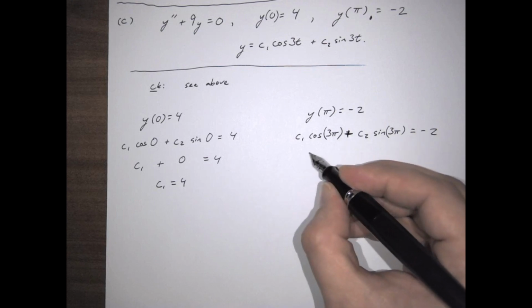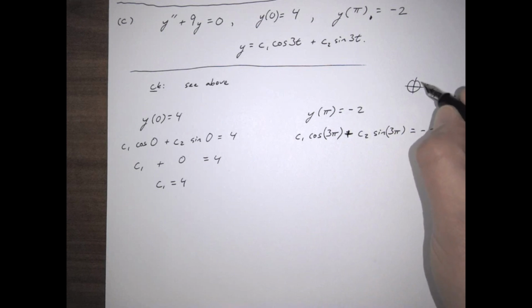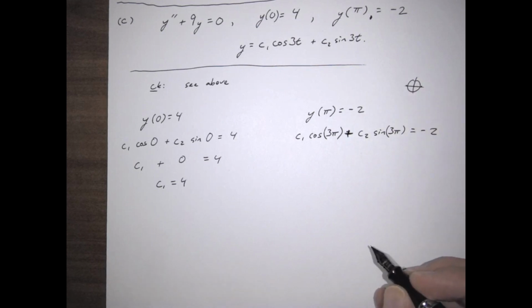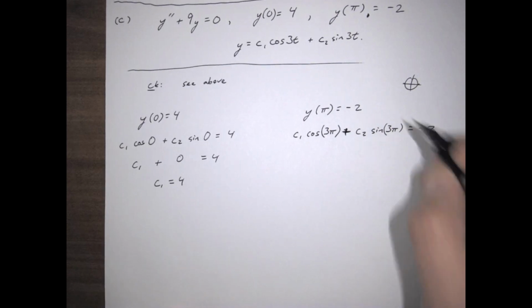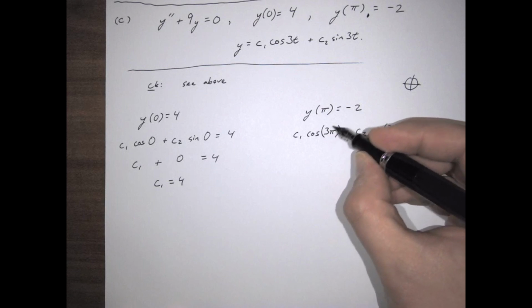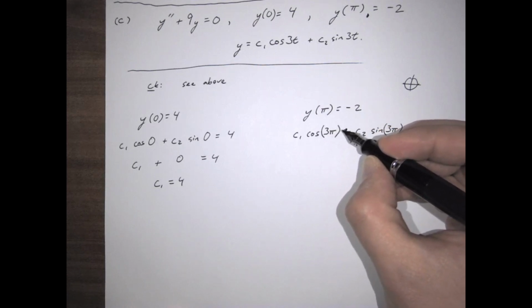So here, what is the cosine of 3 pi? So pi, 2 pi, 3 pi. It turns out that's the same as just the cosine of 1 pi, but it's important to make a note of that so that we don't accidentally mess anything up.